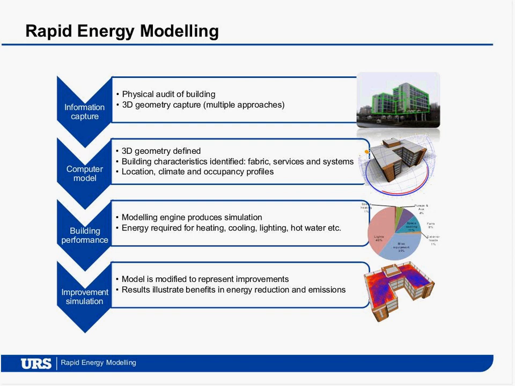It's a process of capturing information about the building, modelling it using computational methods to simulate the energy performance of a building, and then using that information to help us identify and prioritise areas to improve that building. Then we can go on to simulate how the improvements will benefit a building and so on.